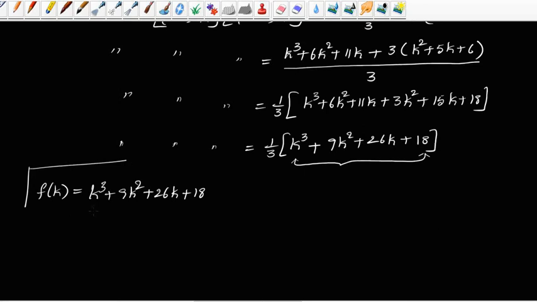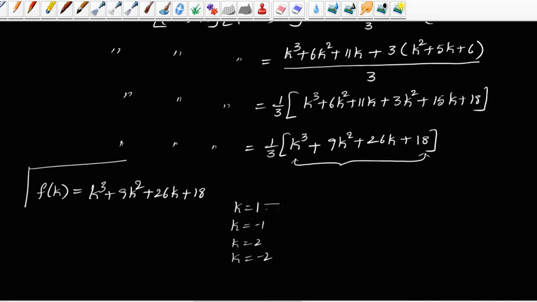So put k is equal to 1. If you get 0, then k is equal to 1 is a root of this one, and k minus 1 is a factor. By the trial and error method, we write k is equal to 1, k is equal to minus 1, k is equal to 2, k is equal to minus 2.